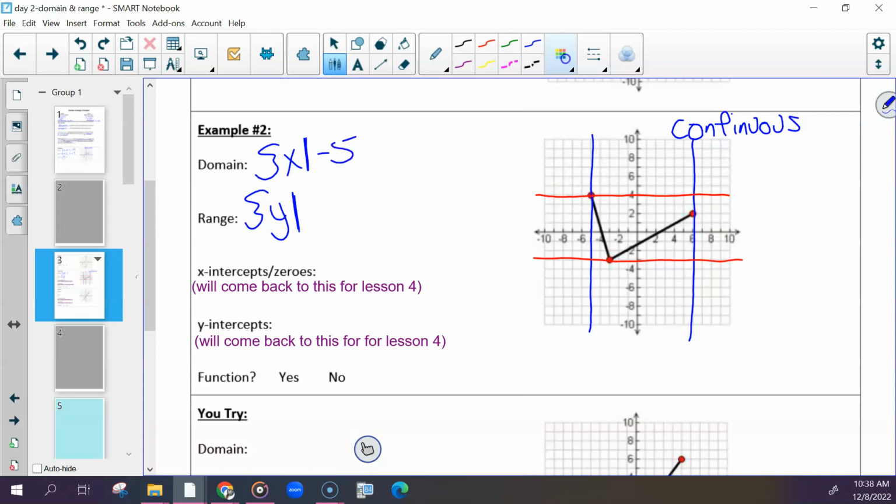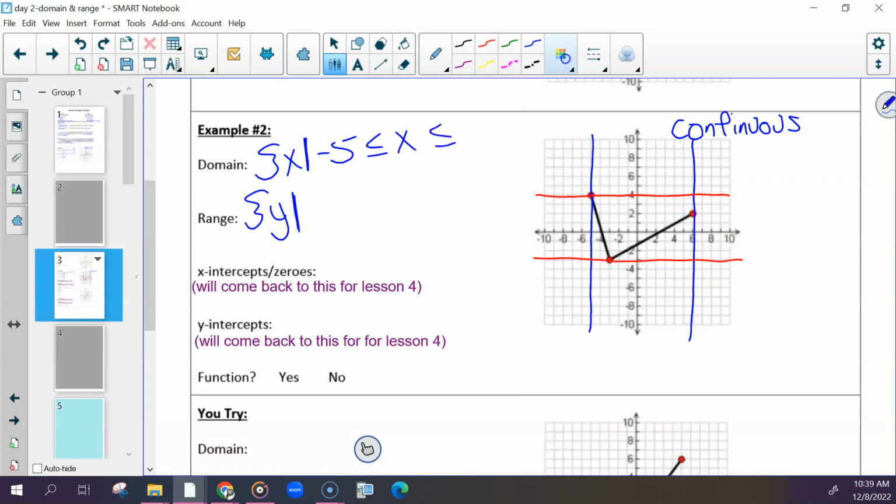How do we write this? What comes next? Alex? You're close, but less than or equal to. What goes next? X. And then less than or equal to again.